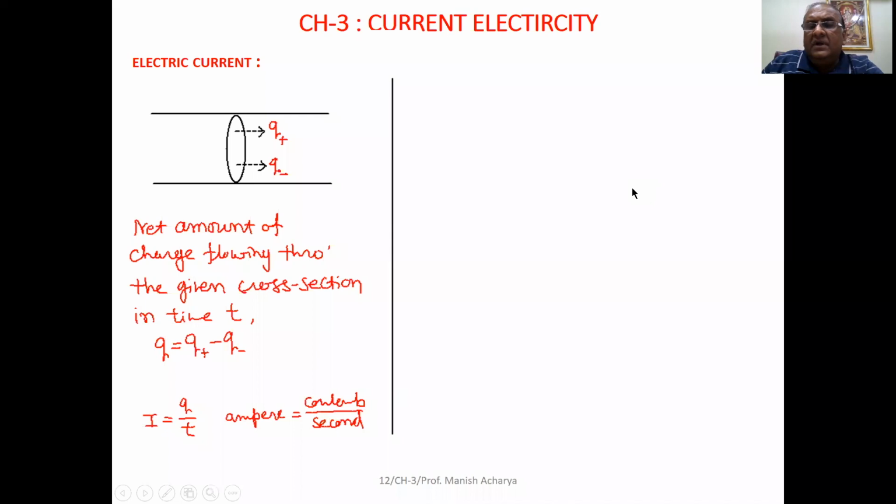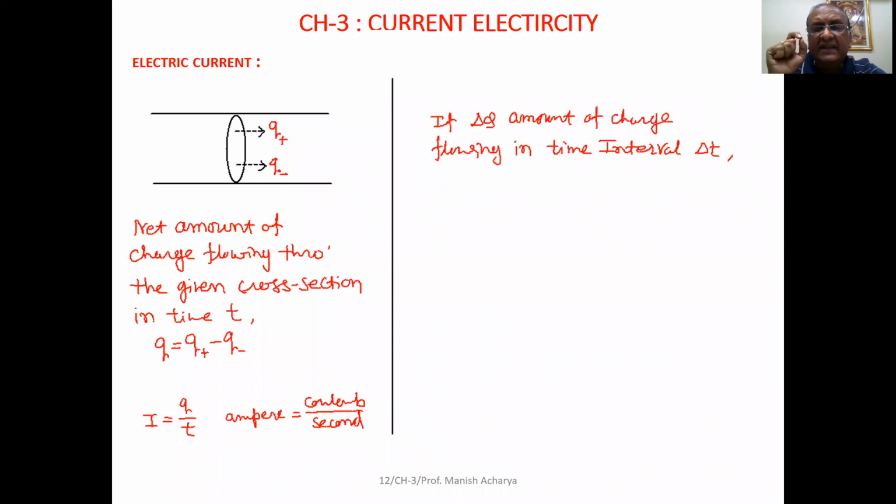Now, if the rate of flow of charge is constant, then steady current is constituted in the conductor, and for that we can write the equation I equal to Q by t. But if the rate of flow of charge is not constant, then in that case we have to consider delta Q, the small amount of charge flowing through any cross section in a small time interval delta t.